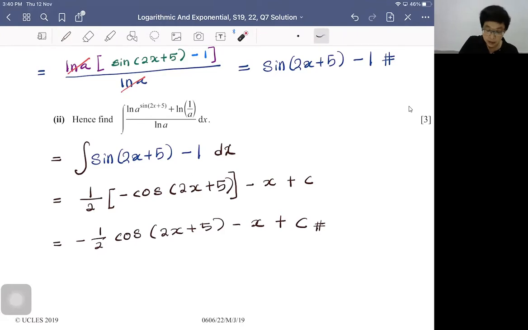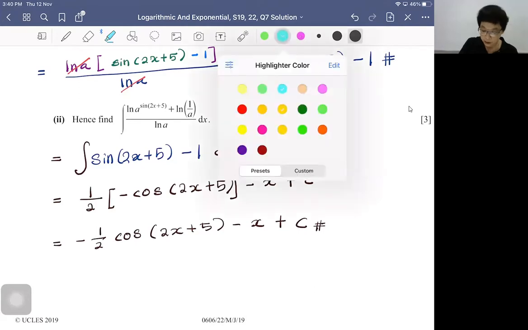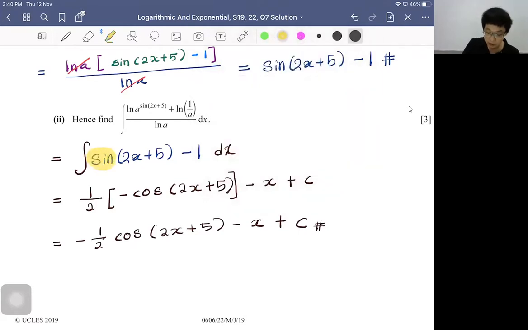From integrating sine, we get cosine, and with the note of the sign changing from positive, now we get a negative sign.